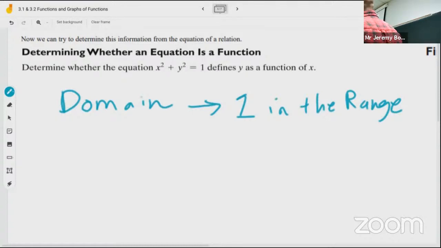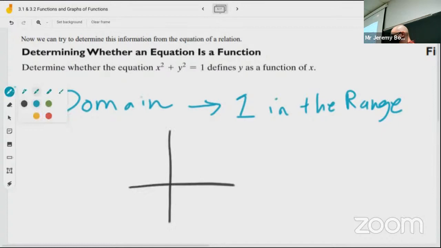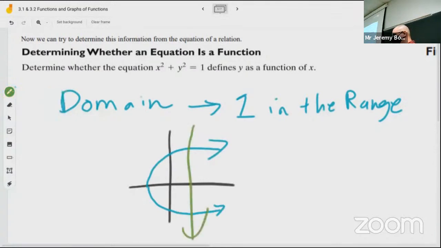We talked about how graphically that relates to the vertical line test. If we look at a graph and you have something like this, it fails the vertical line test because it intersects right there and there, because that value is basically like (2, 3) and (2, -3).